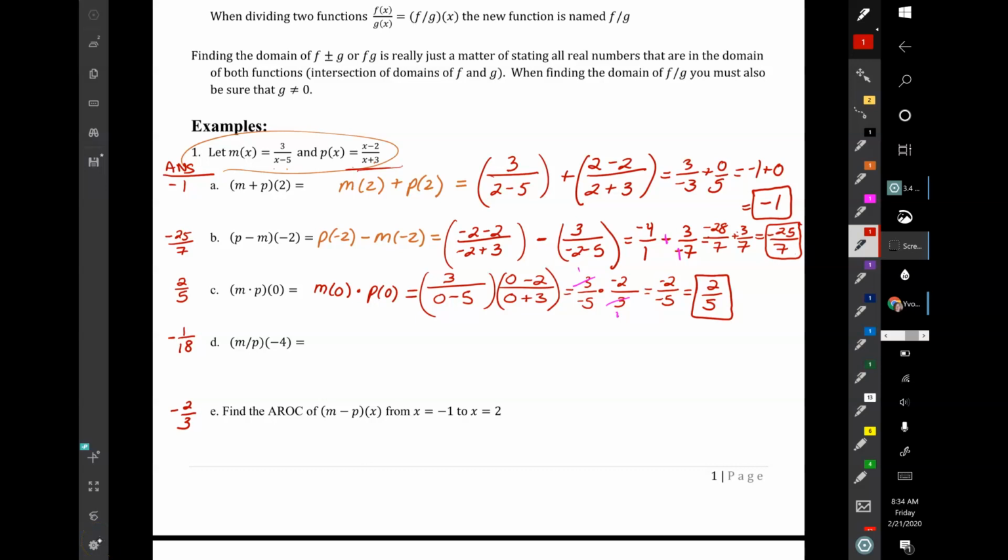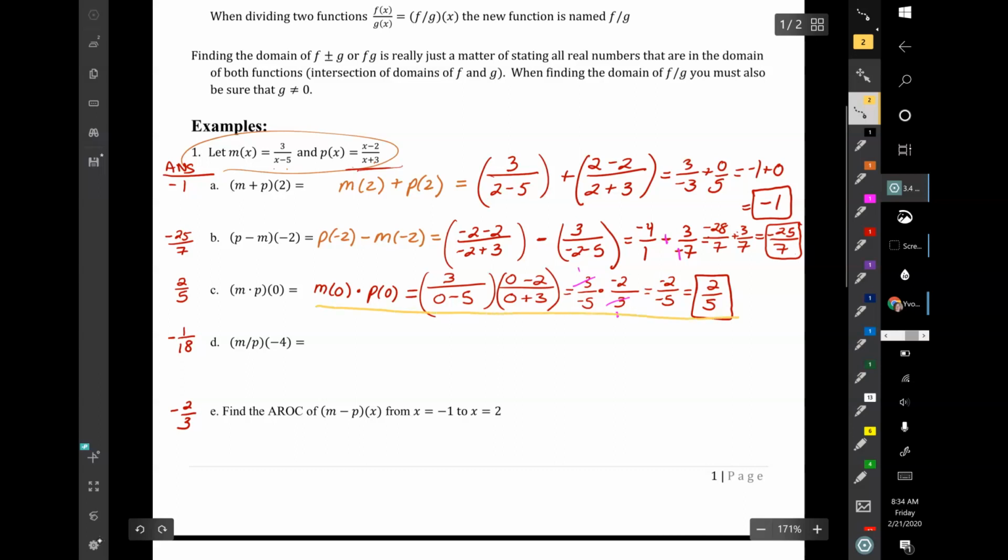Okay, so I went through part C, just plug in 0, crunch your numbers, you get 3/-5 times -2/3. That gives us -2/-5, and that gives us a +2/5. So be careful with that.